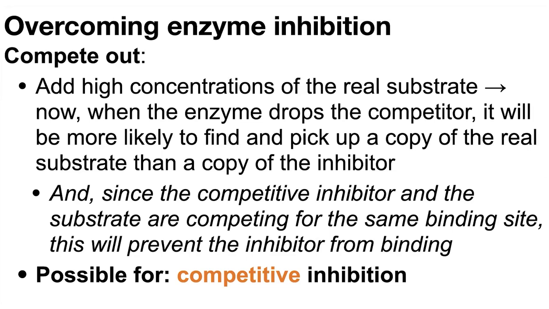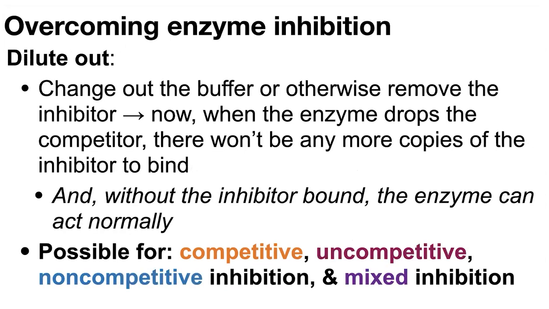And so you're able to compete out the inhibitor by adding increased concentrations of the actual substrate so that when your stick snapper drops that metal rod, it picks up a stick and not another metal rod. And so this only works if they're binding to that same site. So this is only going to work in the case of competitive inhibition.